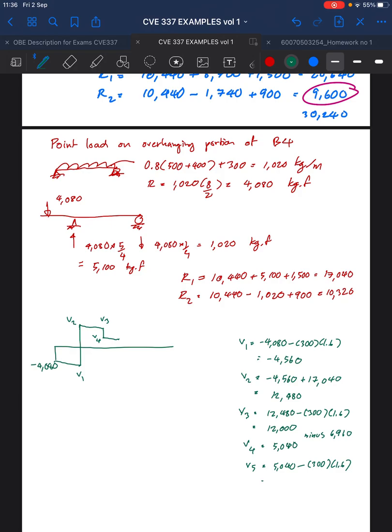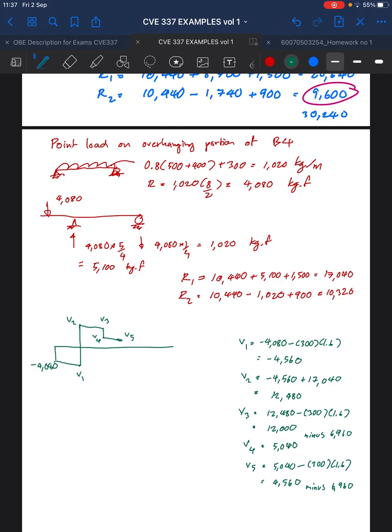So it's 4560. That's V5. And then we meet another point load, which is 6960. So minus that.